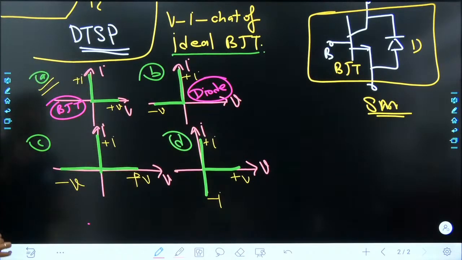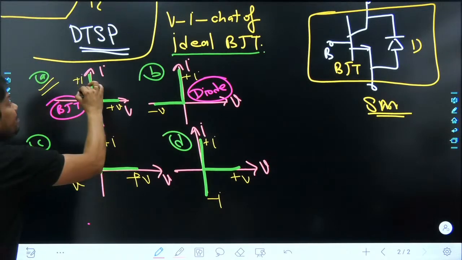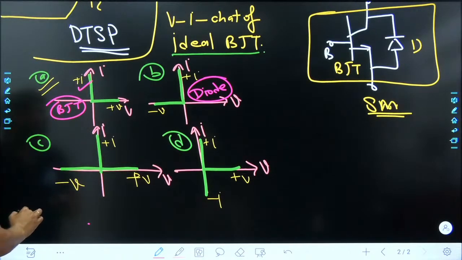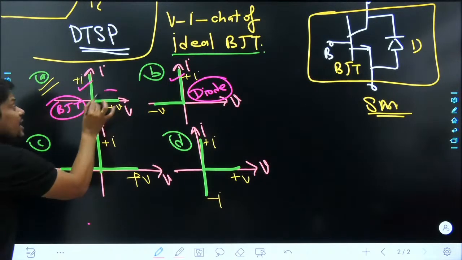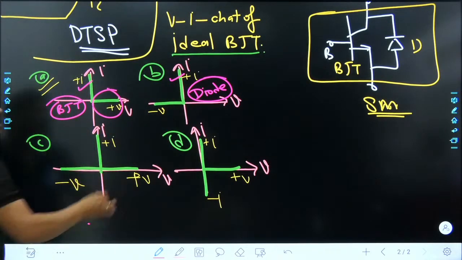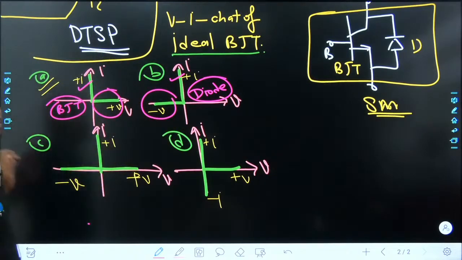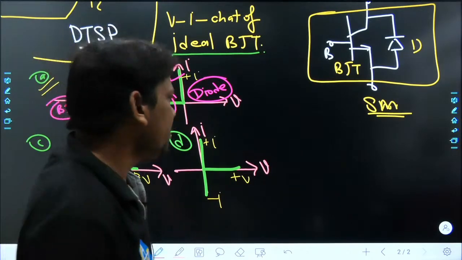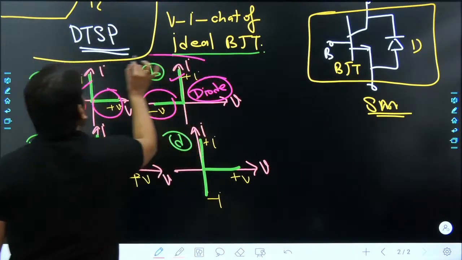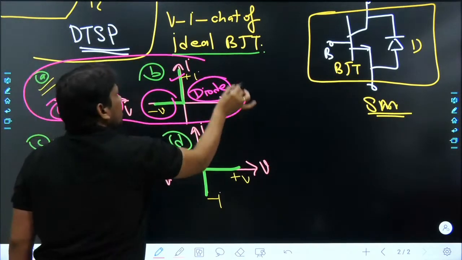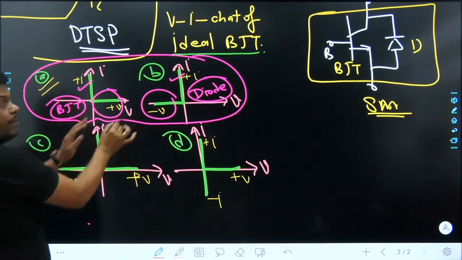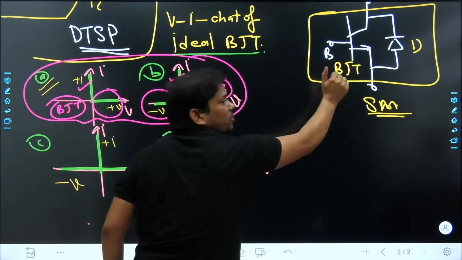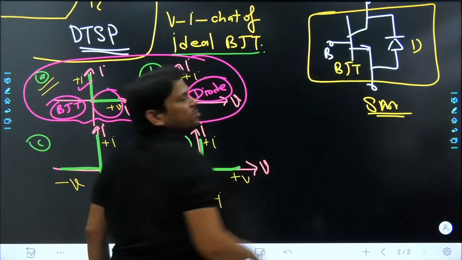So see, the BJT can pass positive current, the diode can pass positive current, the BJT can block positive voltage, and the diode can block negative voltage. This knowledge of VI characteristics we must have before discussing this switch module.